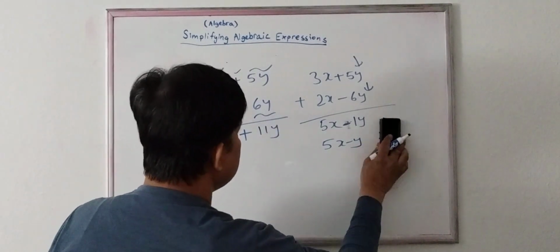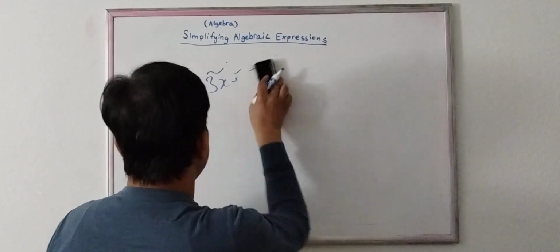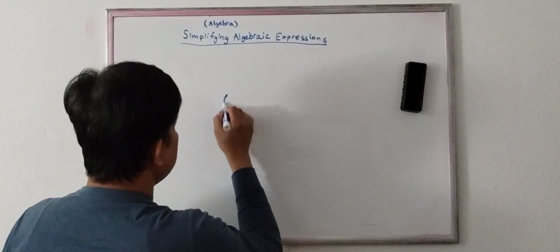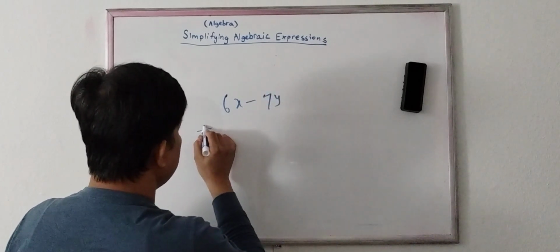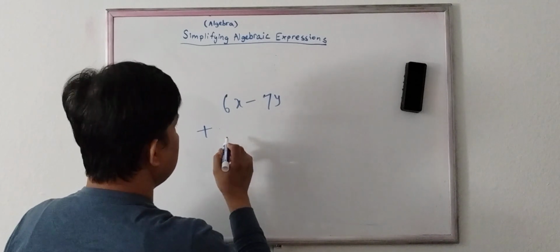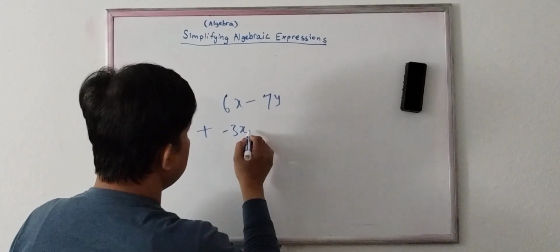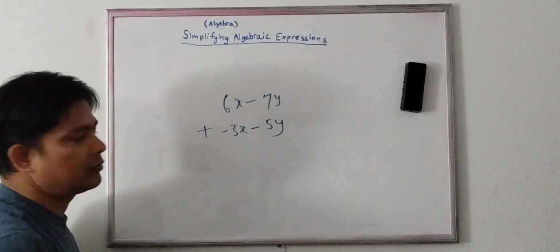Okay, now let's take one more example, and that will make it easy. 6x minus 7y plus minus 3x, okay, minus 5y.